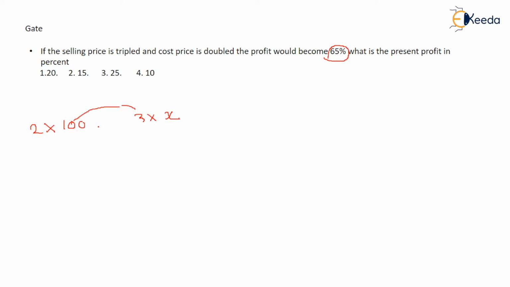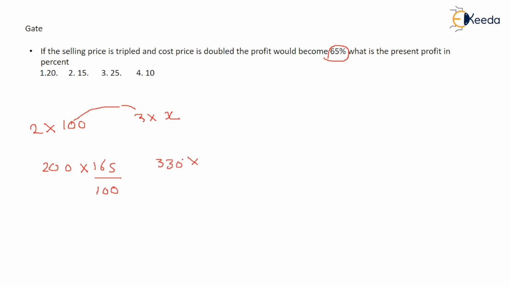So 65% profit, and the cost price is 200. You have to calculate 65% of this, meaning more, since profit is generally more. So 165 by 100 of 200 gives the selling price, that is 330.